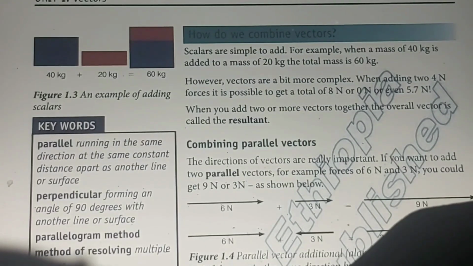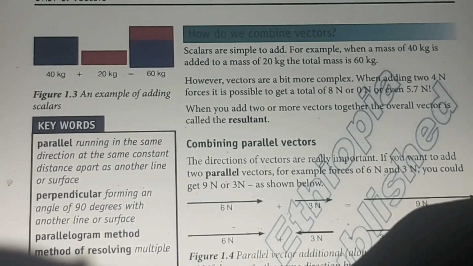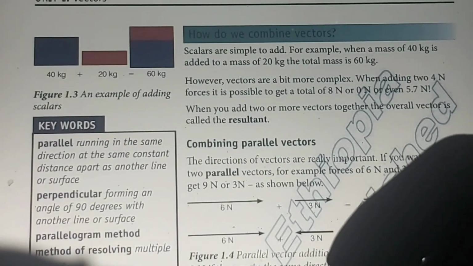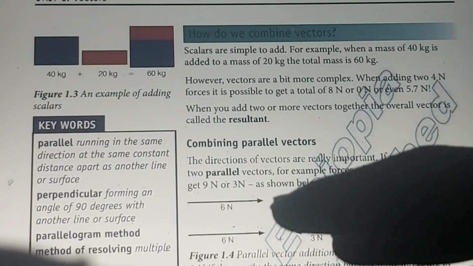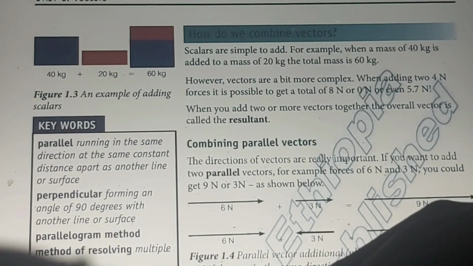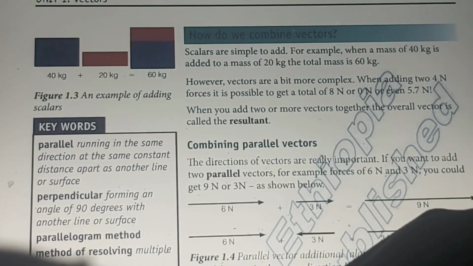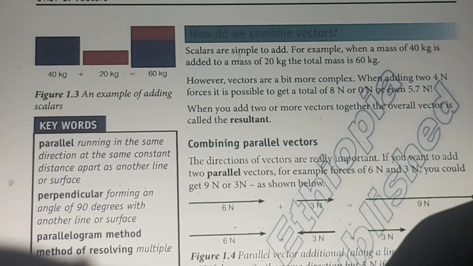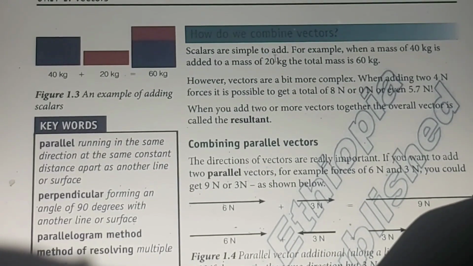Okay. Here, how do we combine vectors? We can combine vectors by subtracting or by adding. Here it says scalars are simple to add.